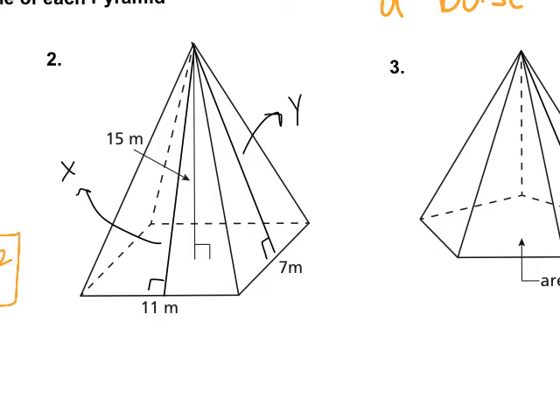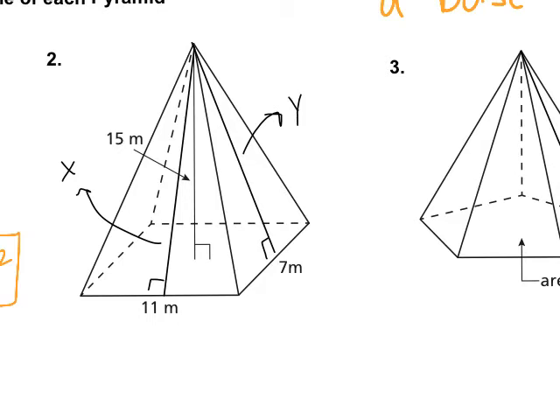It's a square. Ooh, it's a rectangle, right? So they're actually not equal, right? 11 and 7 are not equal to each other. So what makes this different is you're actually not able to use the formula on that because here's why. Notice there's an X for the slant height and a Y for the slant height.